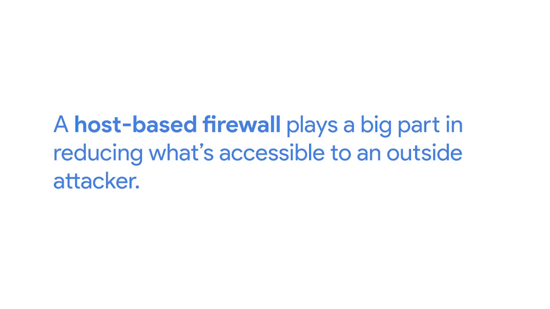Remember that to secure systems, you need to minimize attack surfaces or exposure. A host-based firewall plays a big part in reducing what's accessible to an outside attacker. It provides flexibility while only permitting connections to selective services on a given host from specific networks or IP ranges. This ability to restrict connections from certain origins is usually used to implement a highly secure host or network.